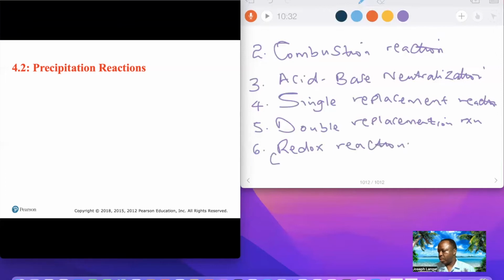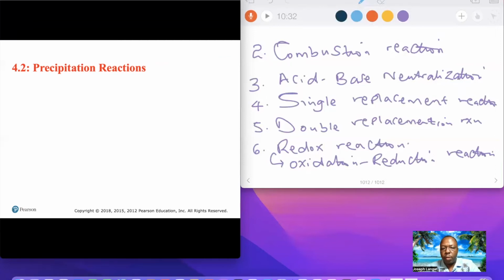We call these two types of reaction oxidation-reduction reactions. These are about 6 or so types of reaction.